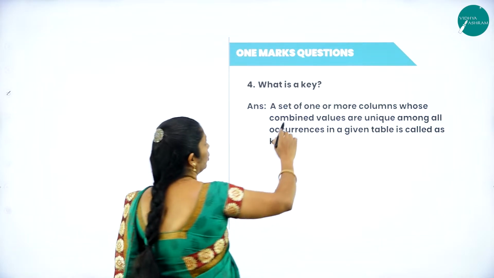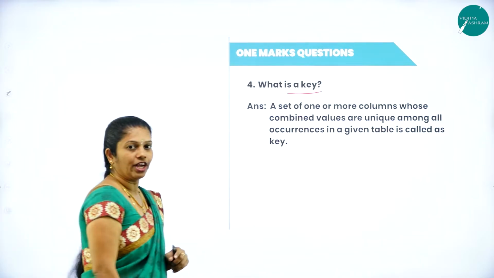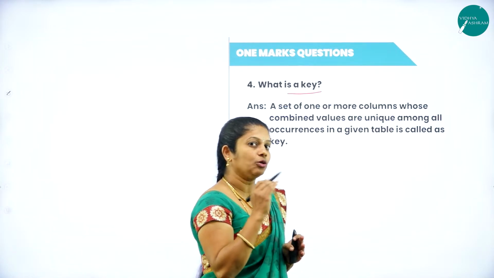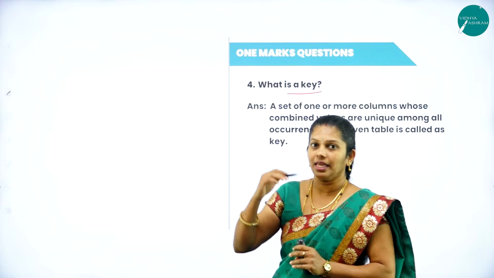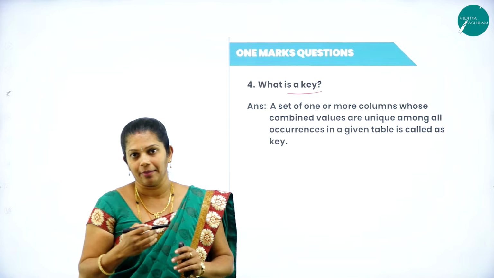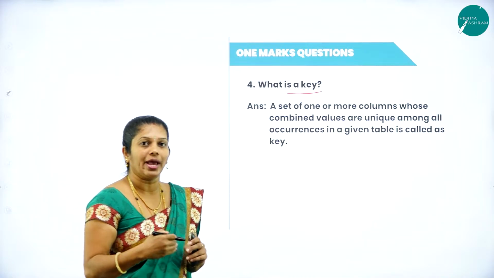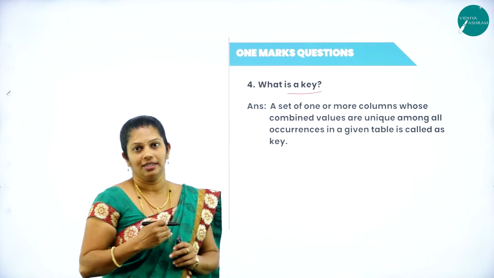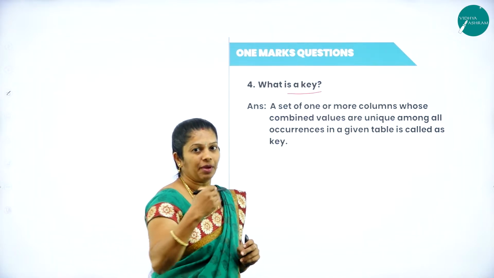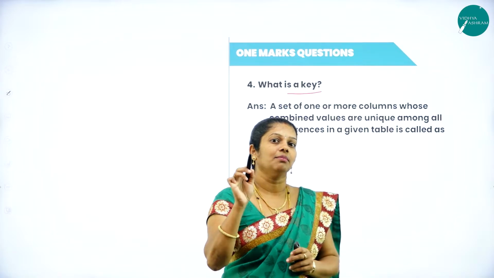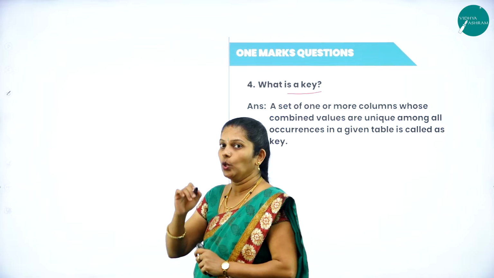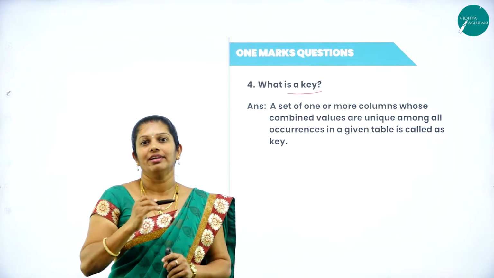Next question, what is a key? If I consider name as a primary key, then it cannot be considered a primary key because the name may repeat. A primary key is a unique value in the table, by using which we can access the records. If I consider register number as a primary key, then it can be considered because the value in the register number will never repeat for anybody.